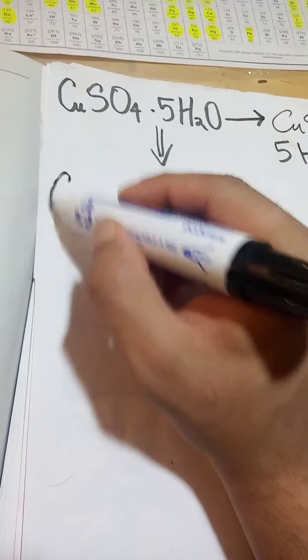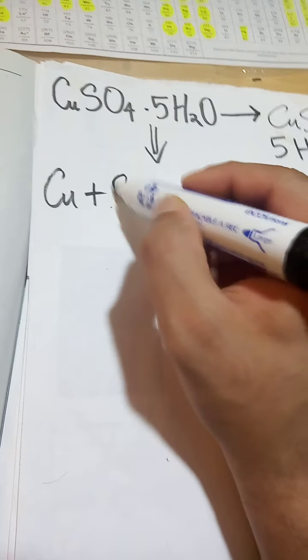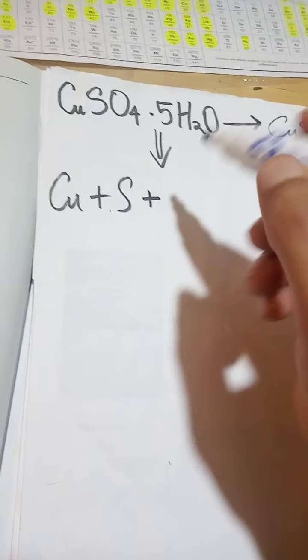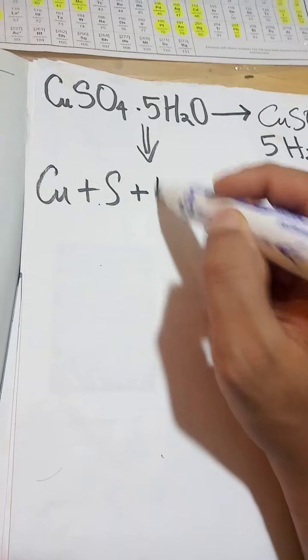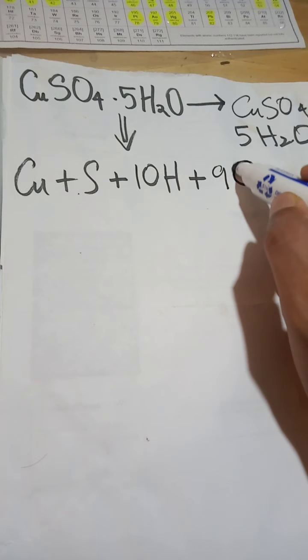And so you've got 1 atom of copper, 1 atom of sulfur, 10 atoms of hydrogen, and 5 and 4, 9 atoms of oxygen.